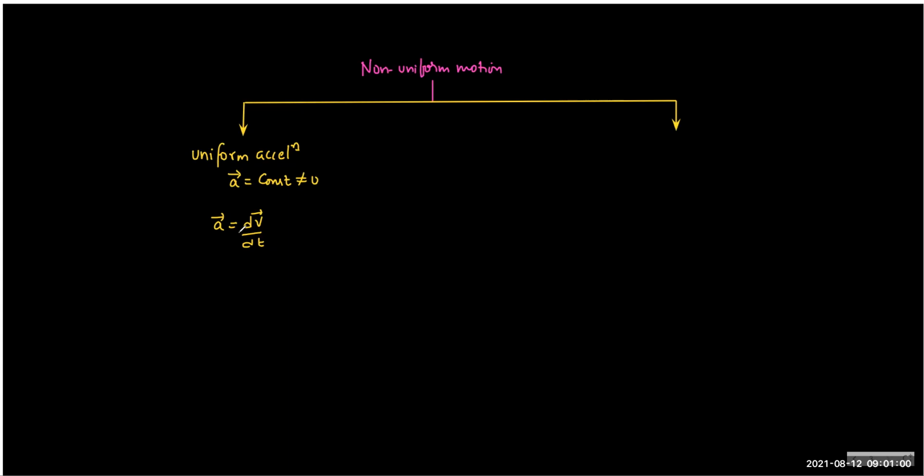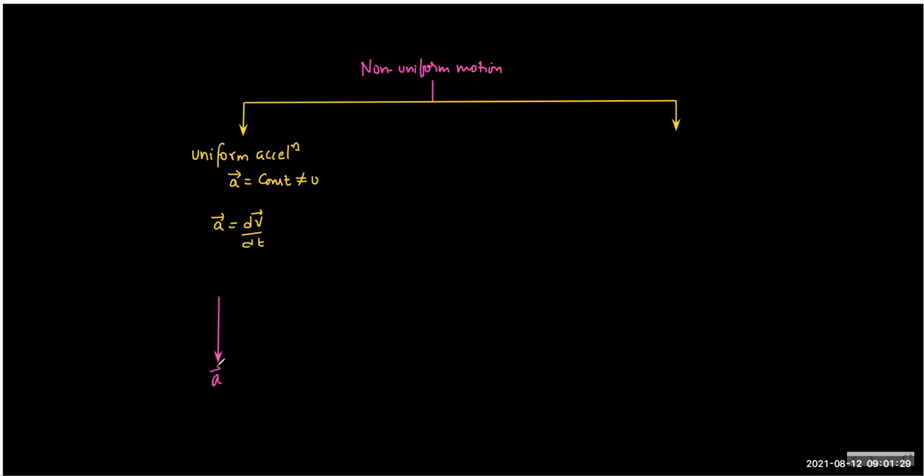Sir, then I hope centripetal is also constant. No. There are two possibilities when a is constant. It depends on how you throw the object. Do you throw along the acceleration or at some other angle to the acceleration? For example, imagine this is the acceleration. You can think of gravity, but I'm not adding gravity.